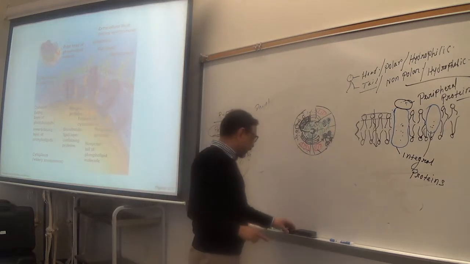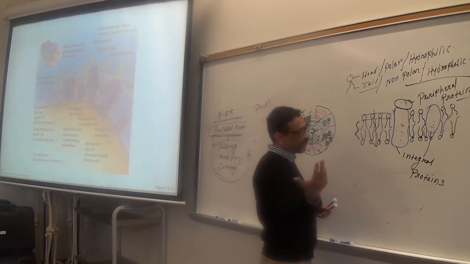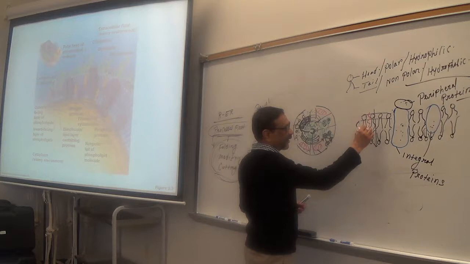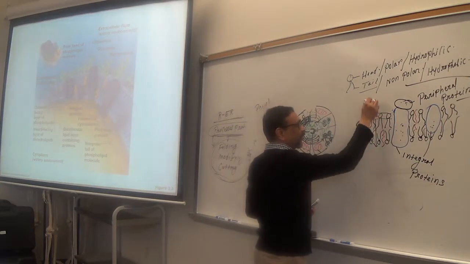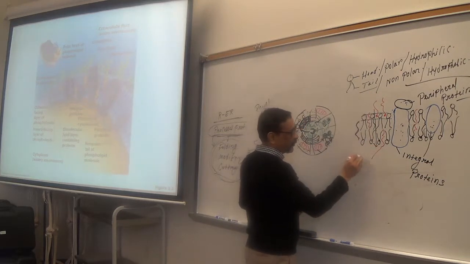There are a few other things in the cell membrane. Those are in very small amount, like cholesterol or glycolipids. Those are also present. Cholesterols like this. Glycolipids are also present. Let me write it down.